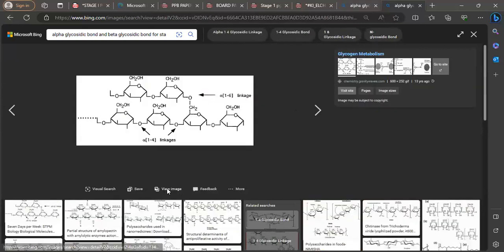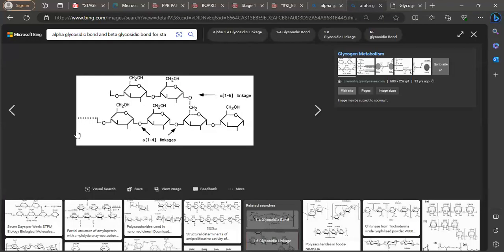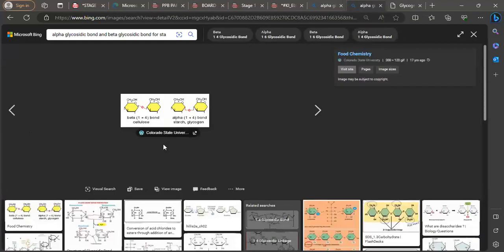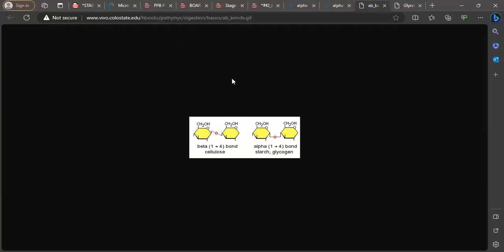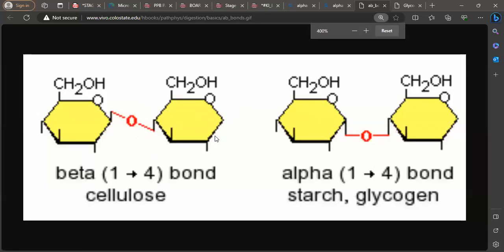Oh, okay, I've seen it. So, can you zoom in now on this particular page? I'm trying to. That's fine. So, since cellulose.